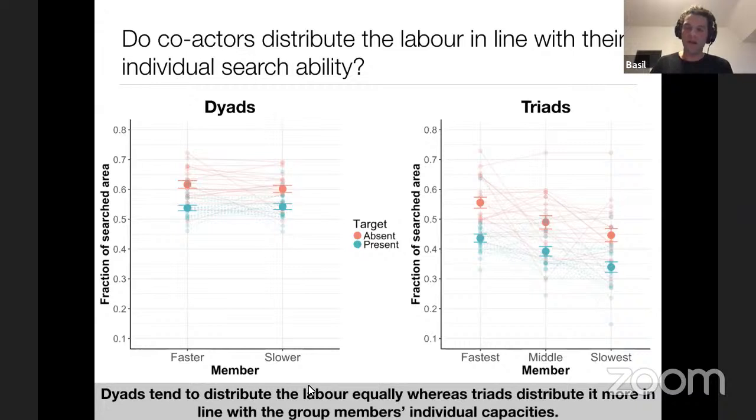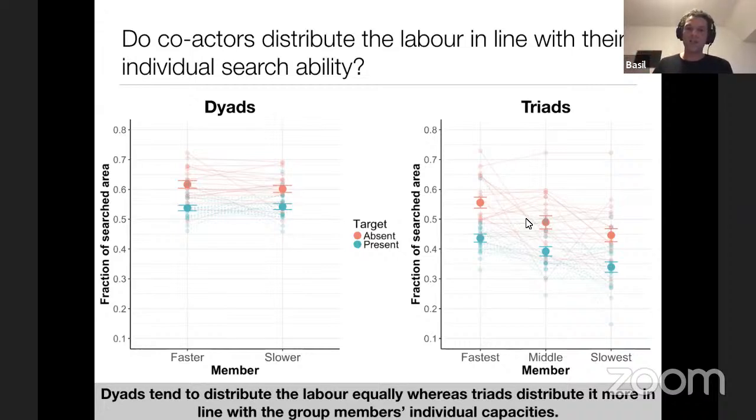members' individual capacities. We think what's going on here is that participants in a dyad tend to approach a search in a more systematic way. So one is taking the left side and one is taking the right side, for instance. And in a triadic case, at least based on our questionnaires, it seems that participants search more chaotically, so that they basically try to avoid where the other members in the group are currently looking.